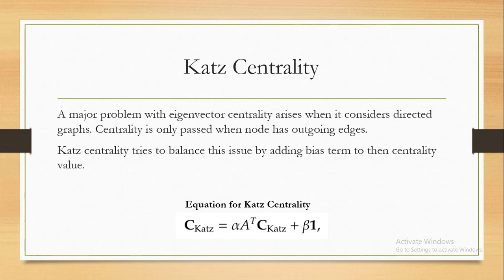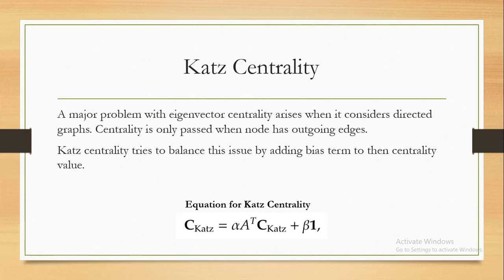Our next centrality is Katz centrality. A major problem with eigenvector centrality arises when it considers directed graphs. Centrality is only passed on when we have outgoing edges, and in special cases such as when a node is in a directed acyclic graph, centrality becomes zero, though the node may have many edges connected to it.